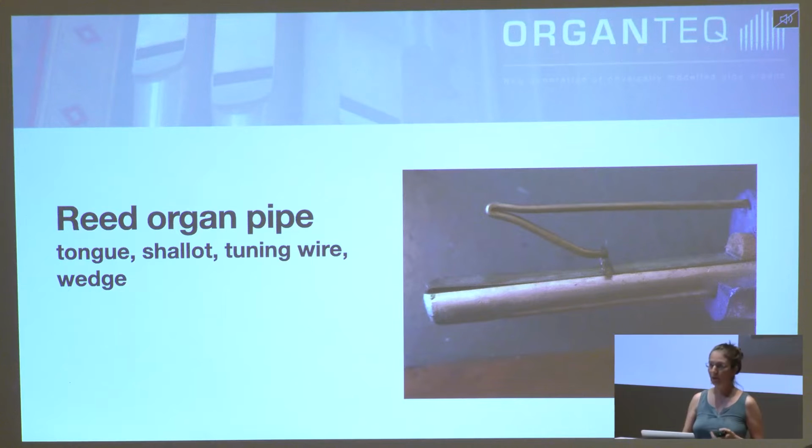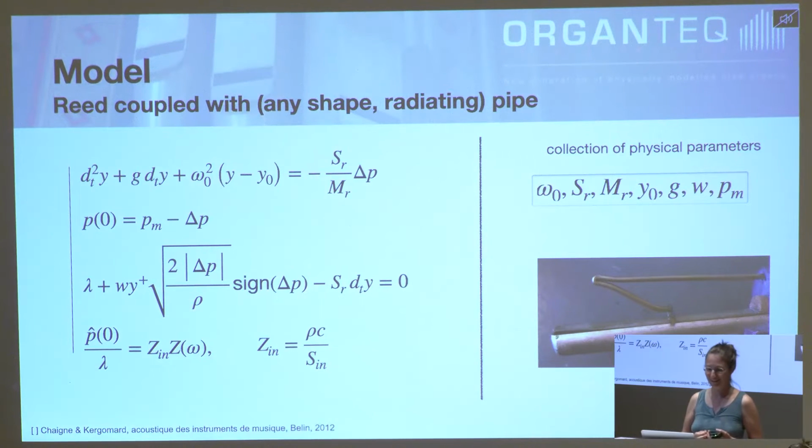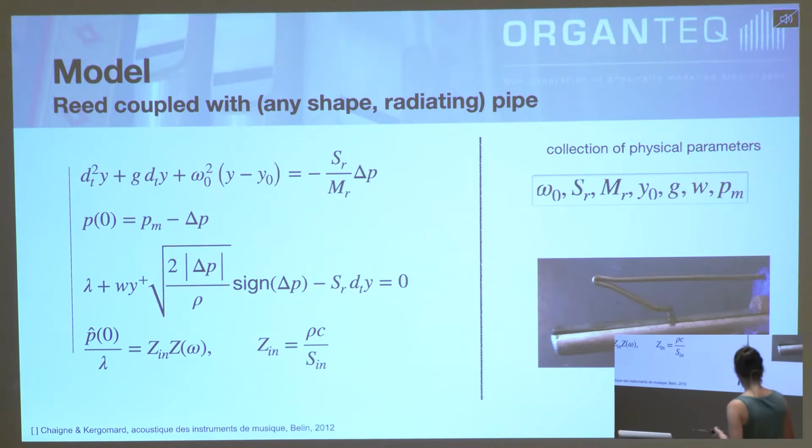So I'm going to show equations now. Don't panic. It's the regular simple model of reed instruments. On the first line you have the displacement of the tip of the tongue, which is modeled by the unknown y, and it follows an oscillator equation forced by a right-hand side term, the difference of pressure, delta P, which is the difference of the pressure between this point and this point.